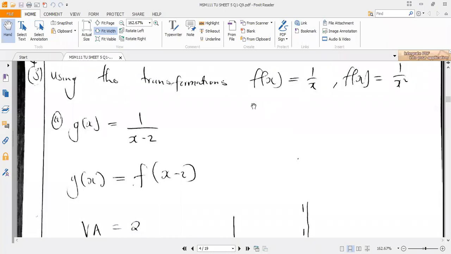This thing can also carry half a mark, just showing this part here, because you're using the transformation. The question is, use the transformation of f of x equals 1 over x to graph each rational function. So I've used this fact here to say g of x is equal to f of x minus 2. I've used the fact that you have been given, because everything that you have been given, you have to use. Have you gotten it?